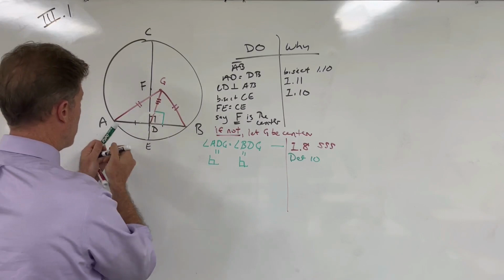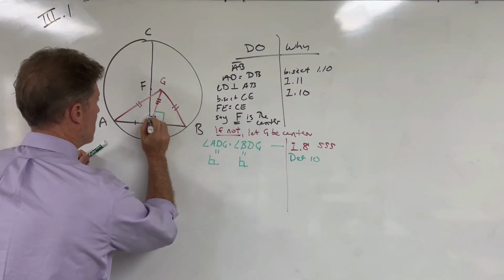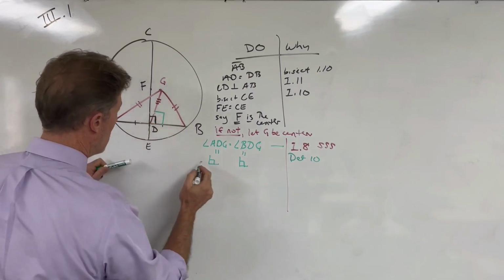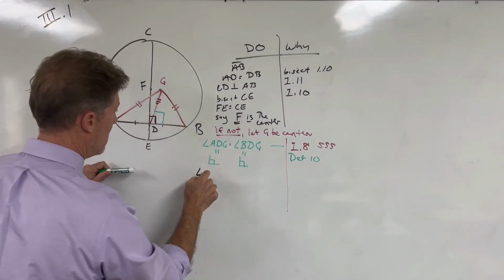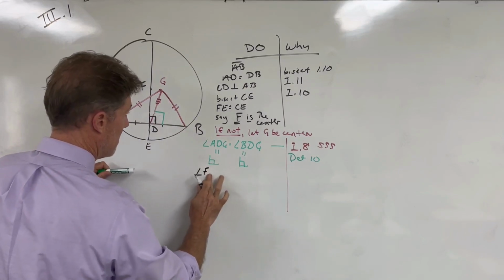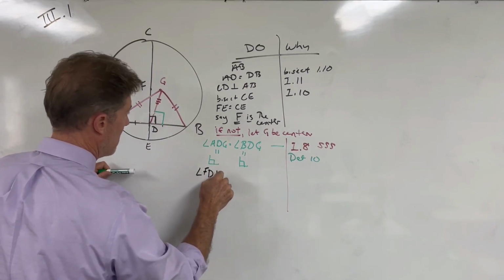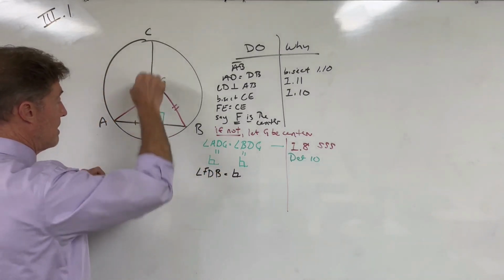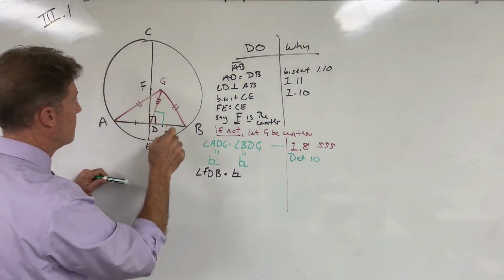Well, what's the problem with that? Well, the problem is we already know that this is a right angle. We know that angle FDB is a right angle, because we built this as perpendicular to AB.